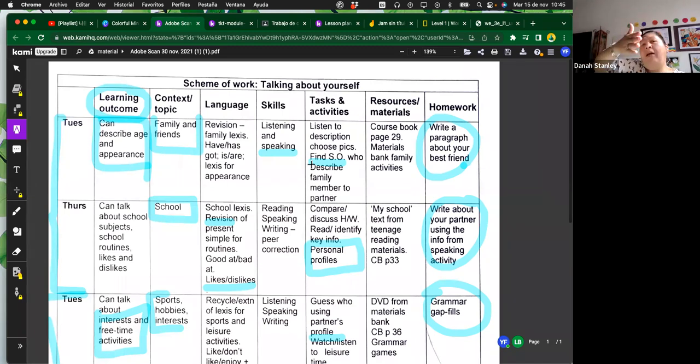Remember that not necessarily we need to follow the sequence of the books, no? Bueno, that's my point of view. If it doesn't really fit my final objective, pues I can change it or I can use it as a revision, no?